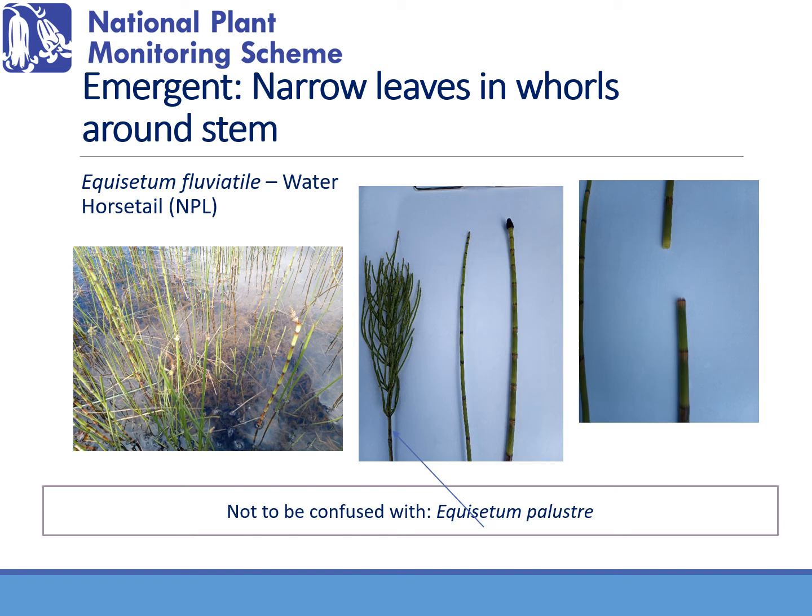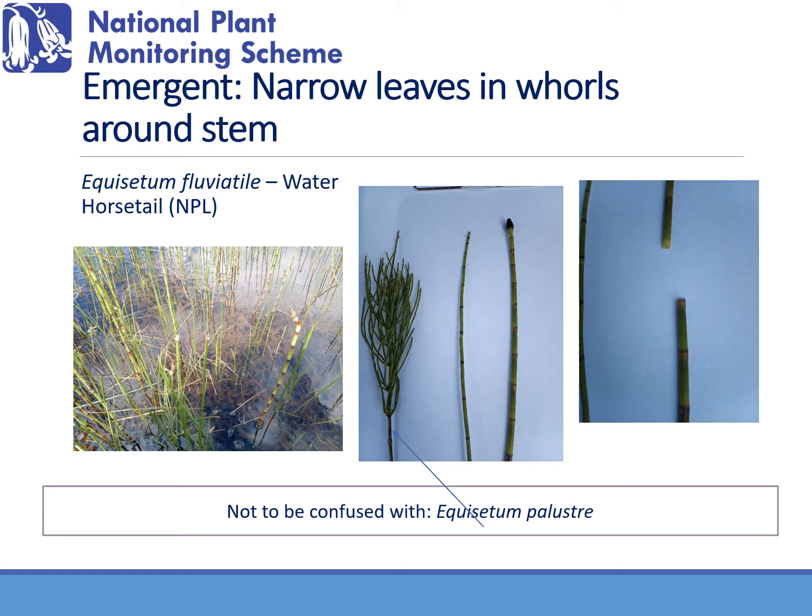The other emergent species which can have narrow leaves in whorls around an emergent green stem are the water horsetails, or Equisetum family. There are 2 species that you are most likely to encounter during your surveys: marsh horsetail, Equisetum palustre, and water horsetail, which is the species you're mainly interested in, Equisetum fluviatile.